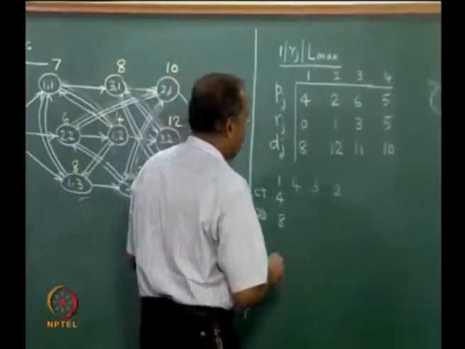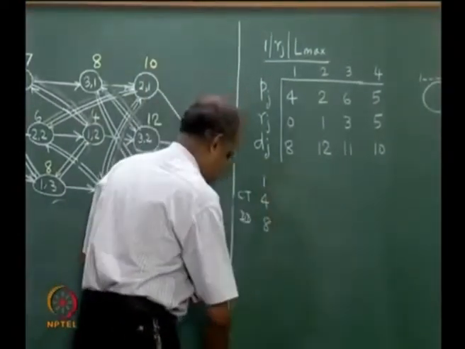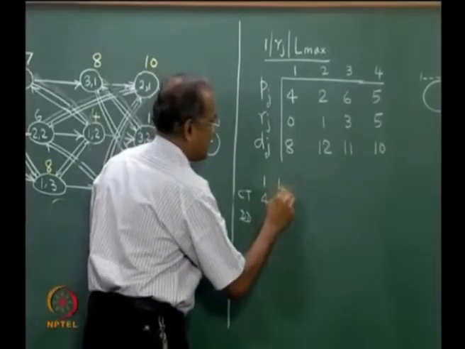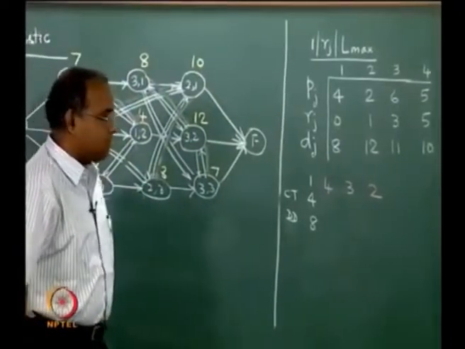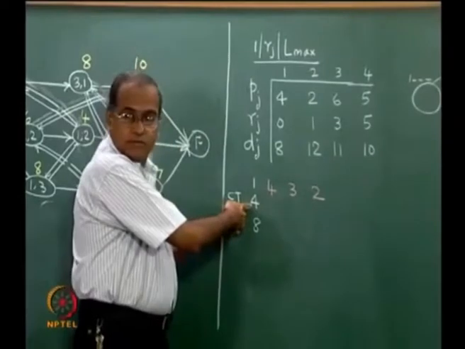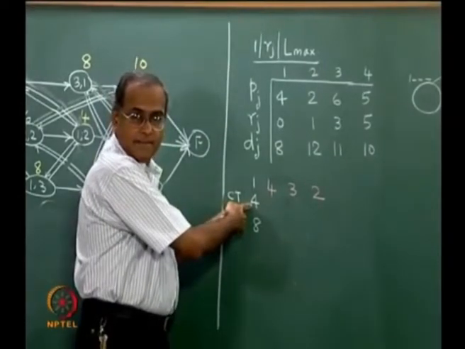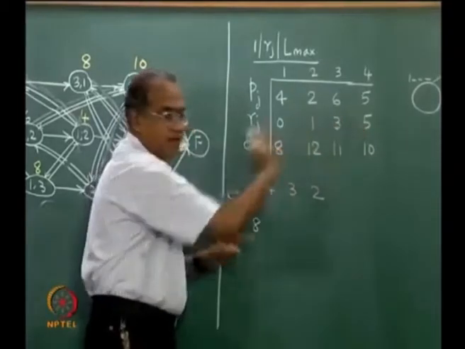Now, the tentative completion times will be: the machine is available at 4, but this job is going to come only at 5.